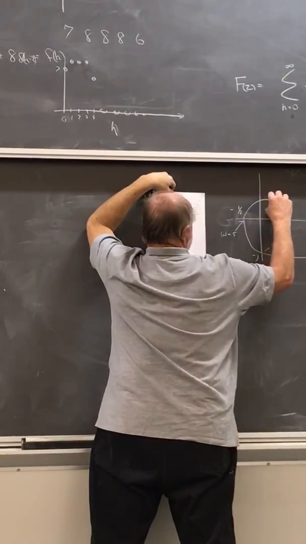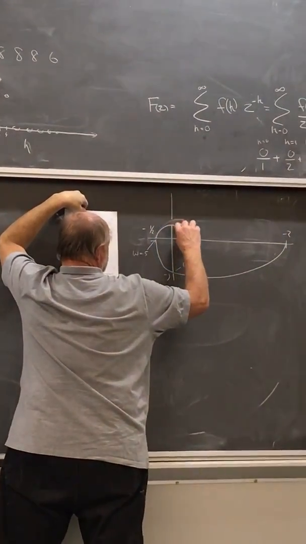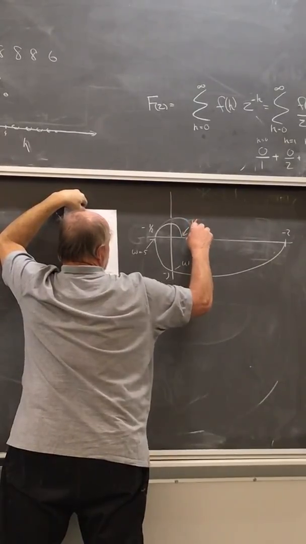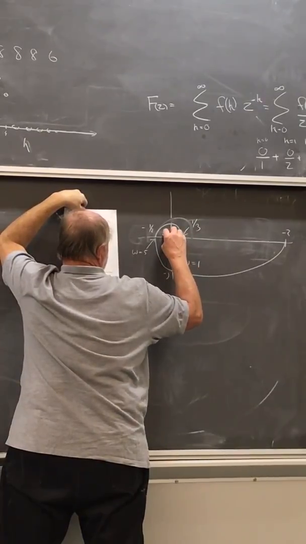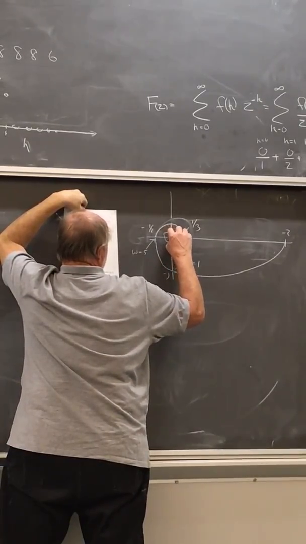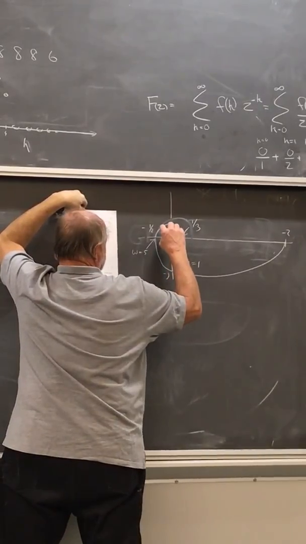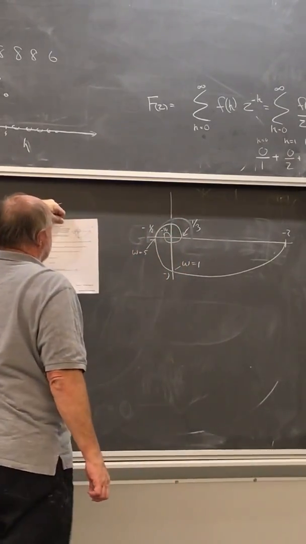Then it does this. And this is not to scale, okay? I can't draw it to scale. I'm happy I can even draw it. 1/3 doesn't tell you what omega is at that point. Comes back to -1/4 and finally does something like this. So that's what it is.